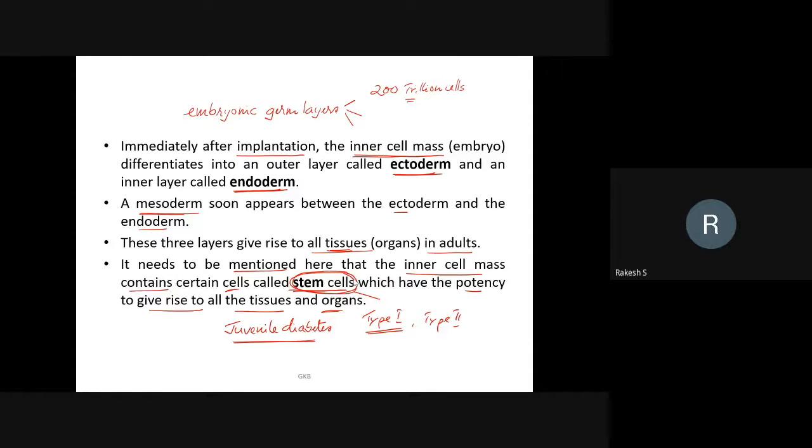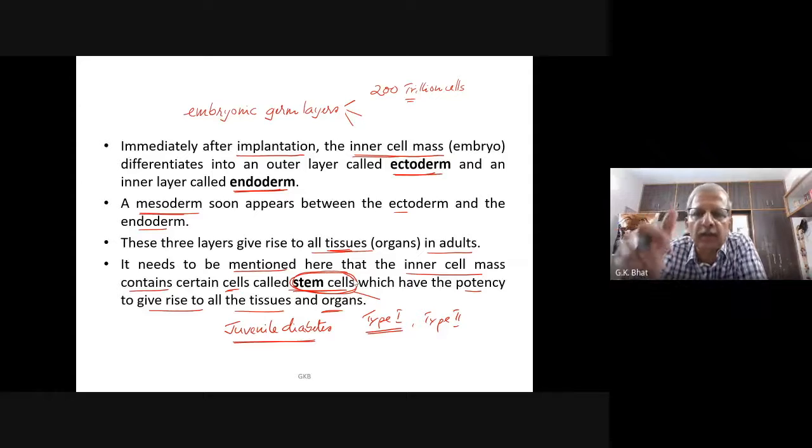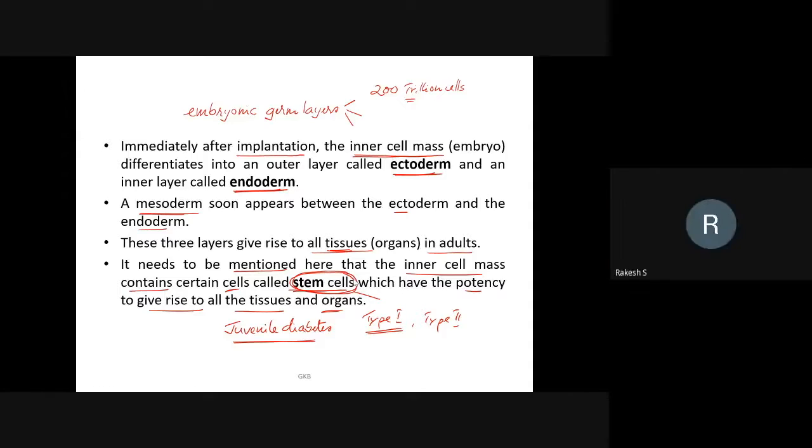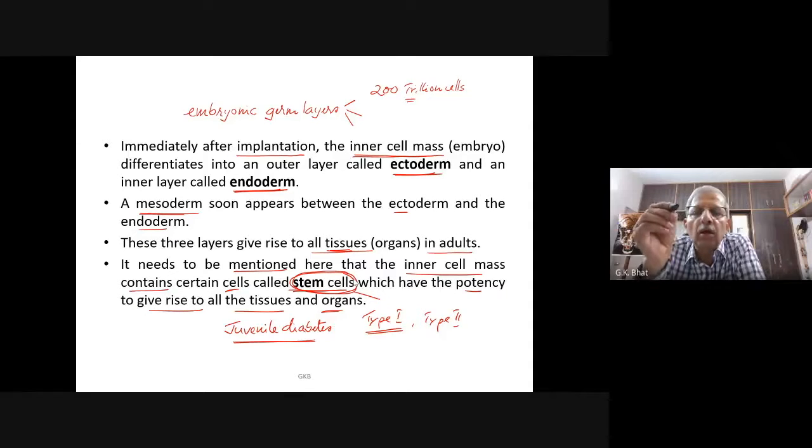That's all. Lining of the entire alimentary canal except buccal cavity and anal cavity. Right? Yes, sir. These are all endodermal derivatives.